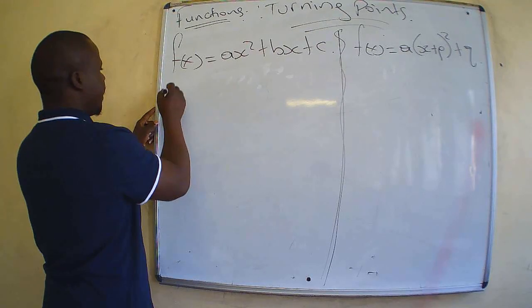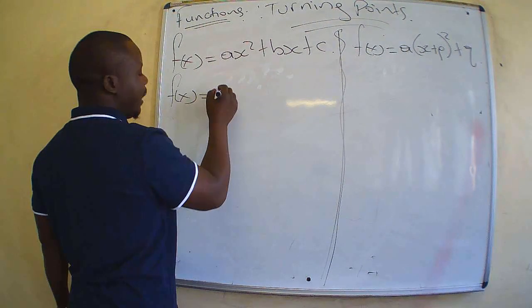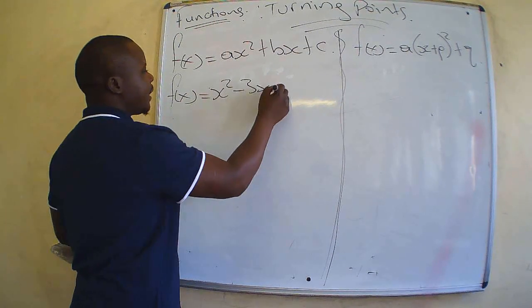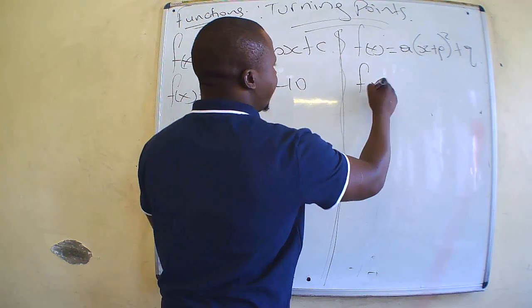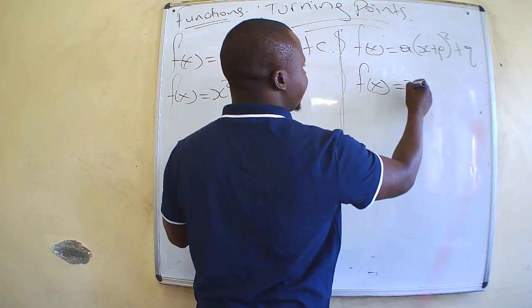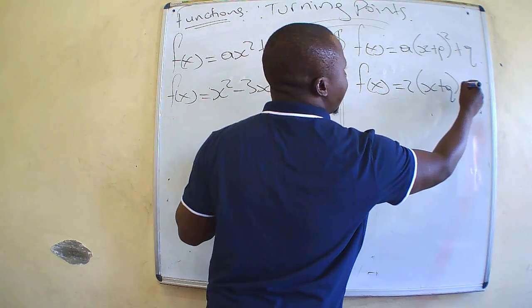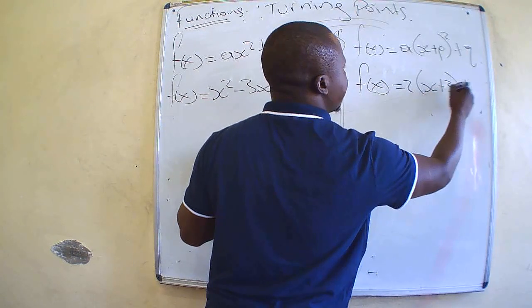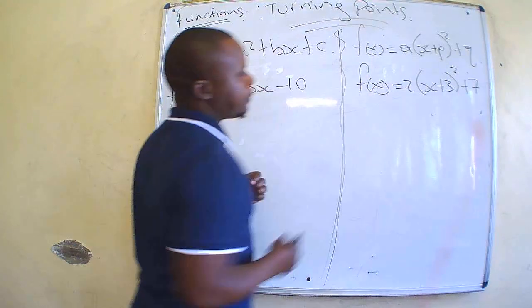Let's have an example here. f of x, if we have our same example that we're using, which is x squared minus 3x minus 10. Then let's have a different one here: f of x equals 2 times (x plus 3) squared plus 7.